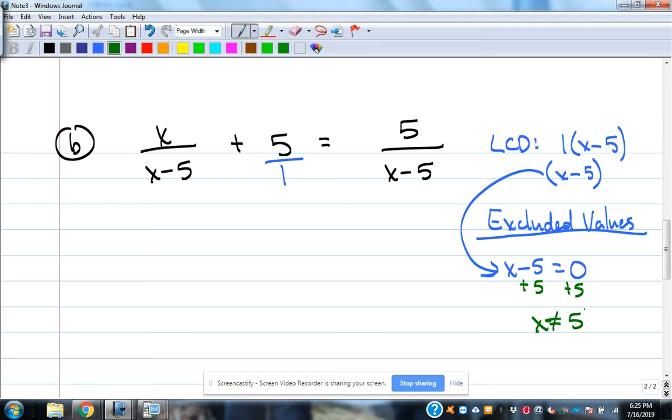If I get 5 as an answer, then I'm throwing it out. I may get some other answers, but if 5 is one of the answers, then it doesn't count. It's an excluded value. The reason it's excluded is because if x was 5, I'd have 5 minus 5 on the bottom, and that's dividing by 0. And we can't do that. Dividing by 0 is not a defined operation in normal mathematics. So that's why we're finding that excluded value.